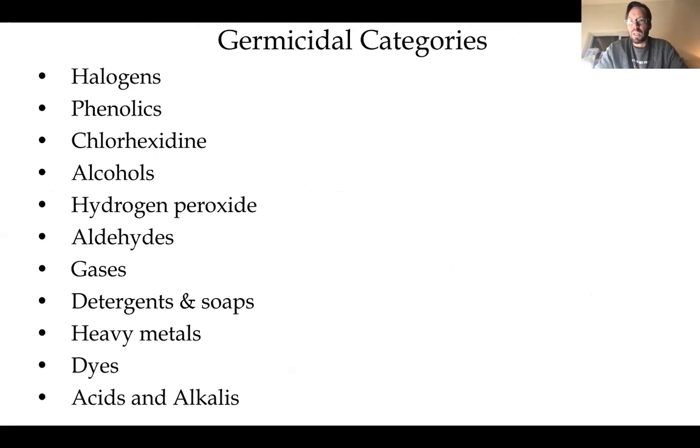These are the germicides, and be familiar with these different germicides. You don't need to know every single thing that we talk about with these germicides, but be familiar with these different varieties. First, we have the halogens. If you remember from chemistry, the halogens are right next to the noble gases.